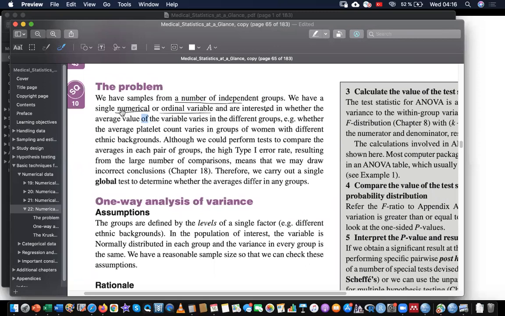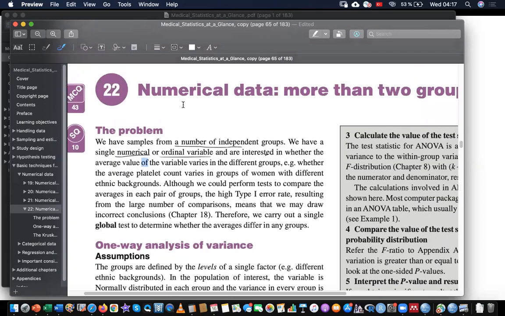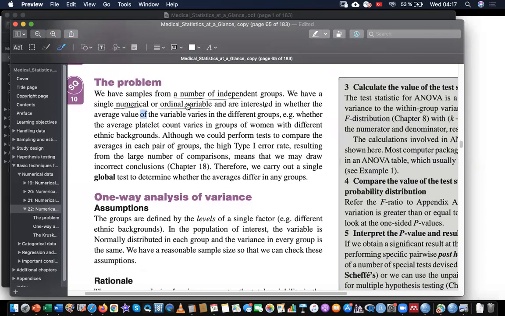The problem is you have numerical data or an ordinal variable. It goes for both. The ANOVA is for numerical data. Since the book mentions it, I try to explain why we can do an ANOVA for categorical data. An ordinal variable is a categorical variable.